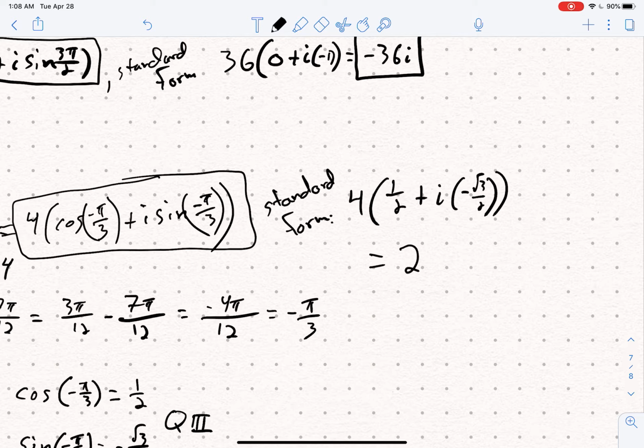The 4 is going to cancel with this 2 on the bottom and leave behind a 2, but also times a negative radical 3. So that gives us 2 minus 2 radical 3 times i. And there is our complex number, the result of doing that division.